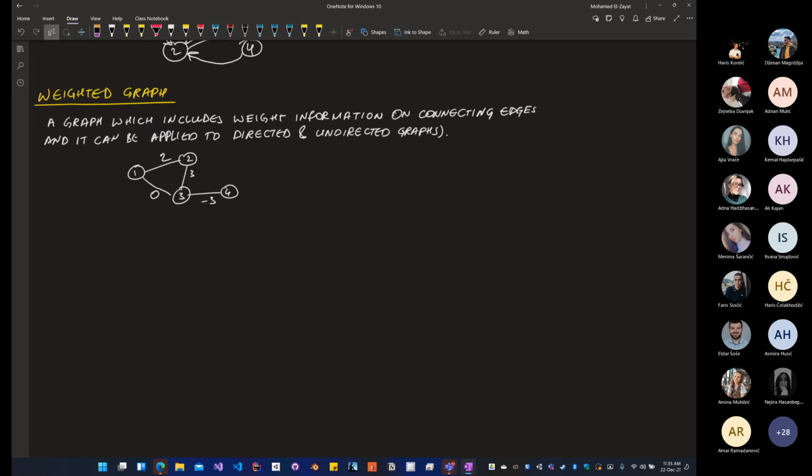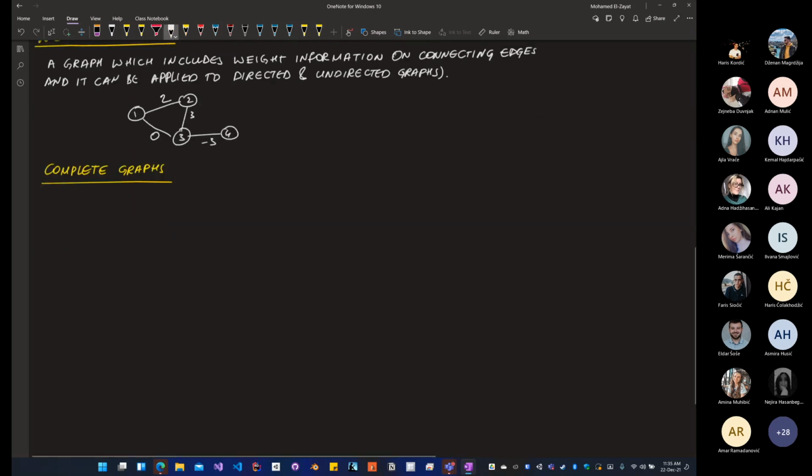Now there are actually some special cases of graphs, but before I go into these special kinds of graphs, let's mention complete graphs. So you have something which is called complete graphs.